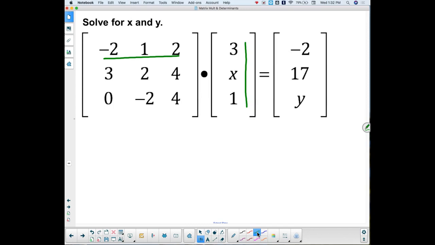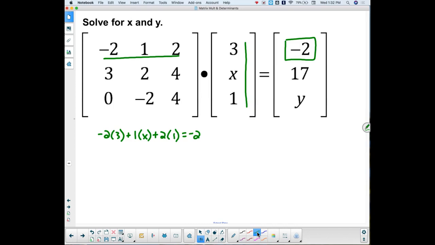First row times the first column has to equal what? Negative 2. It's got to equal this value right there. Okay? So negative 2 times 3 plus 1 times x plus 2 times 1 has to equal negative 2.